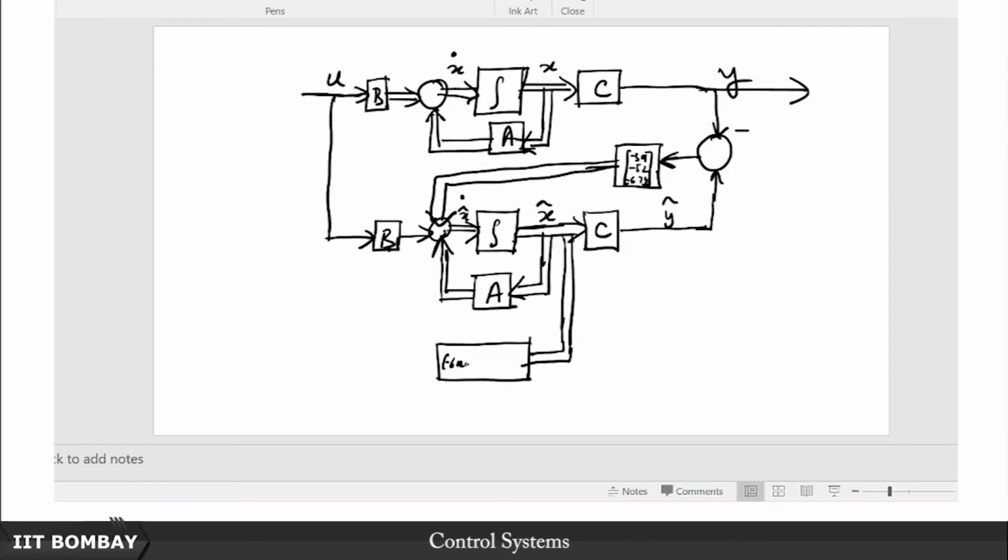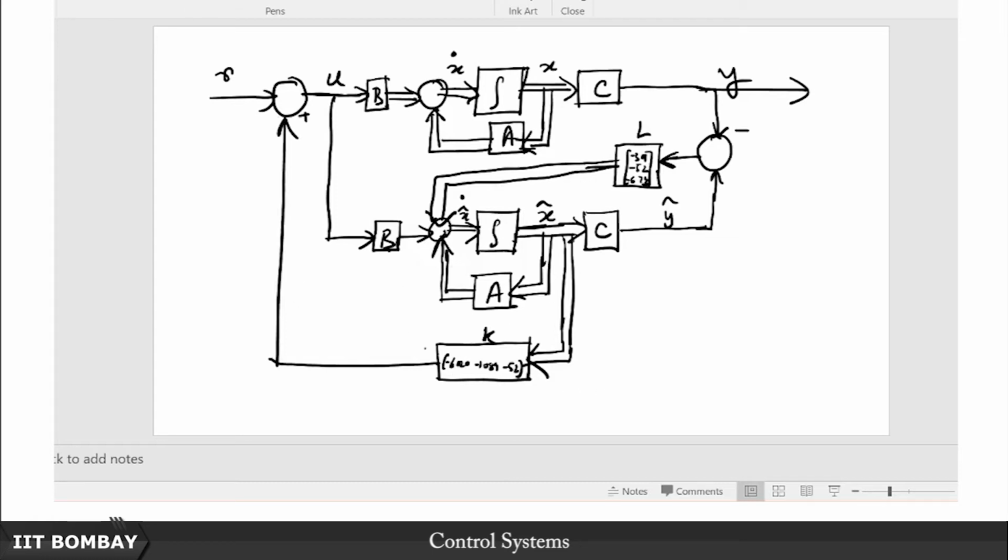So that is my K. Remember, this is my L and this is my K, independently designed. The states x hat being multiplied by this become a scalar now. This Kx gets added here, and this is the external reference signal R. So this is the entire control scheme.